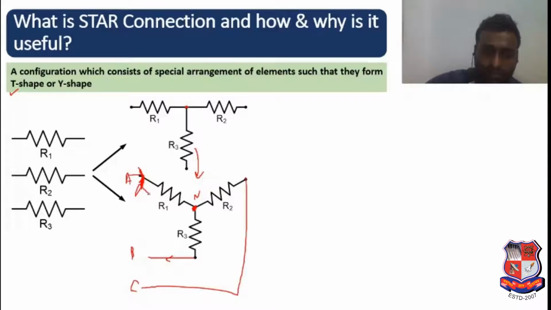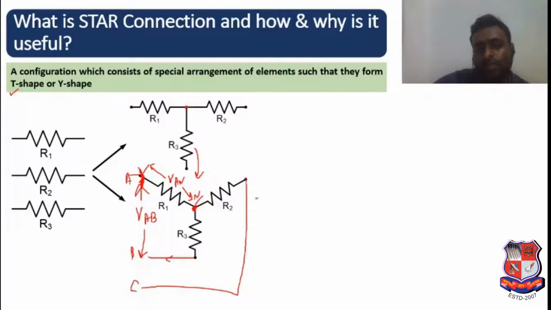But will the answer remain the same for voltage? VAB is the voltage measured across phase A and phase B; the difference of two phase voltages is called line voltage. If I measure this voltage, can I say that VAB will be equal to VAN?